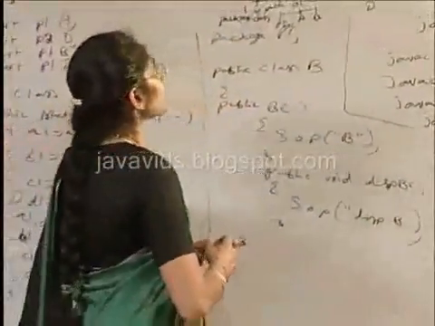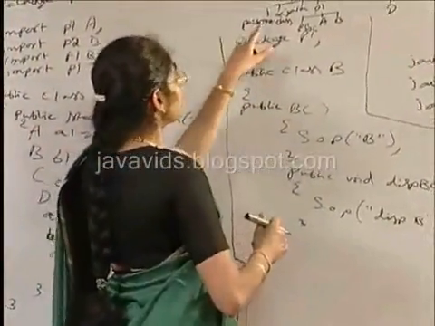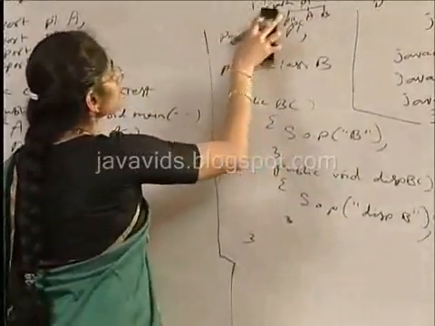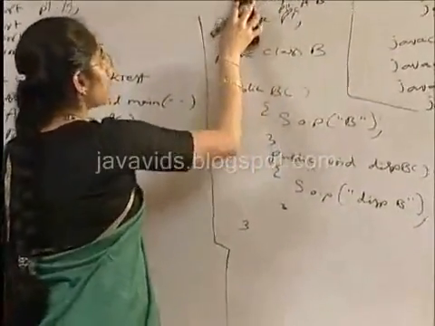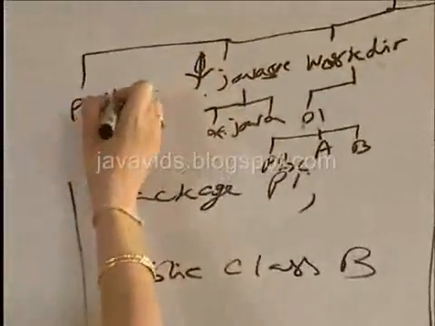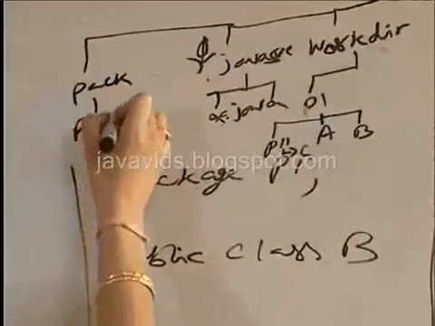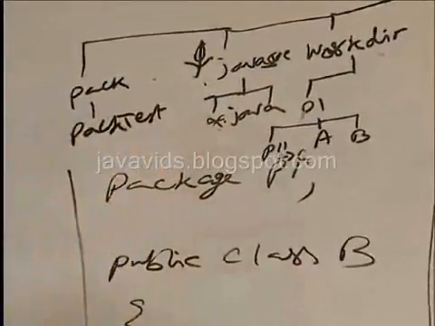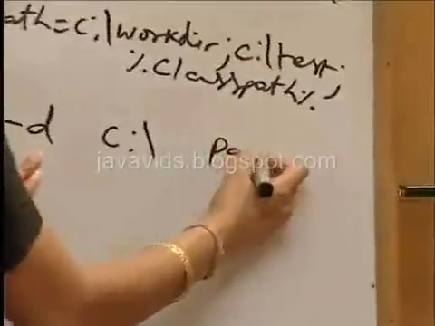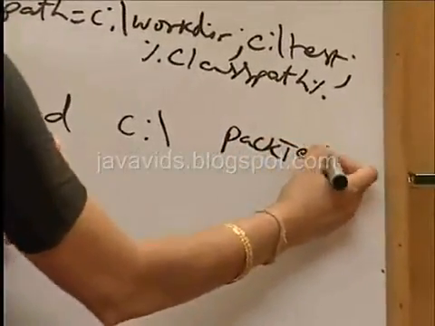Let's assume that we want to place packtest.class not under Java source, rather in the package called pack under the C drive itself, which will contain your packtest.class. So you need to specify -d c:/, then packtest.java.